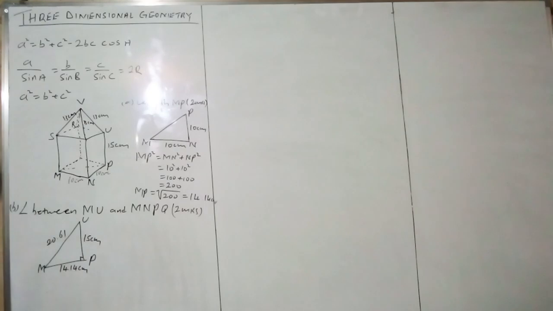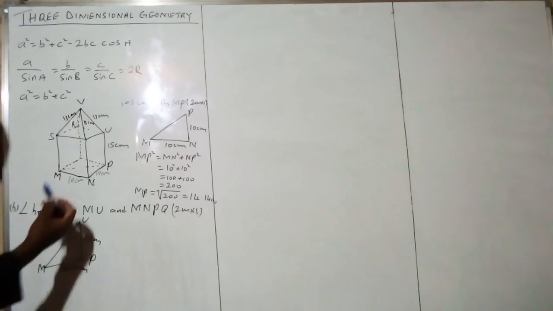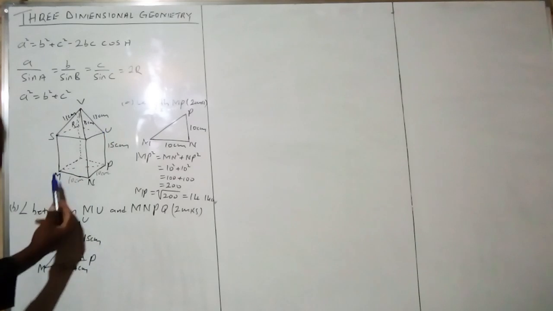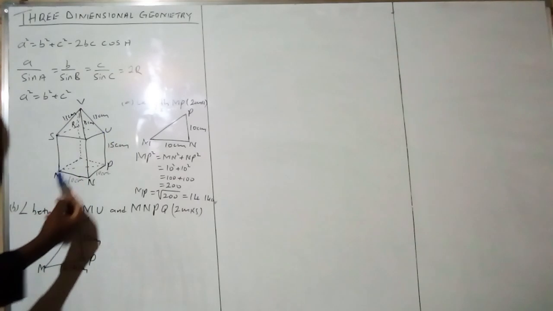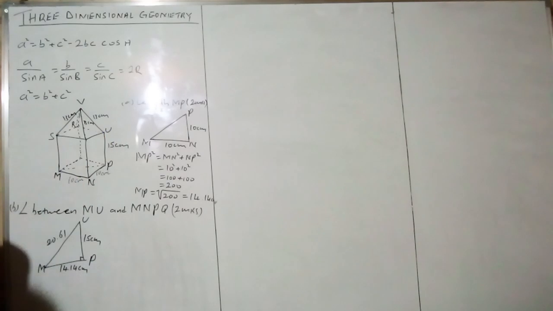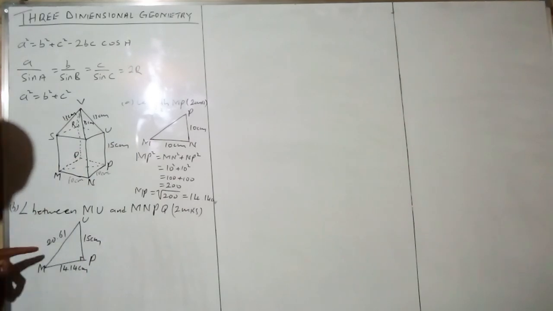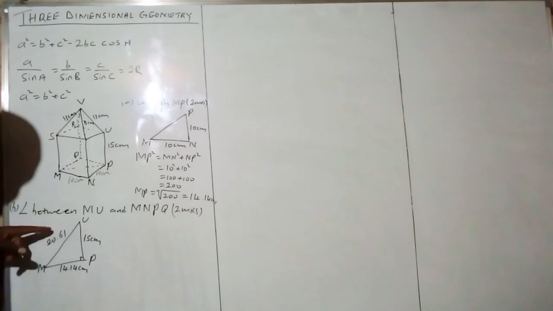So MU, we are told the angle between MU and MNPQ. Here we have our Q. We have said that assume the sun is vertically above line MU.